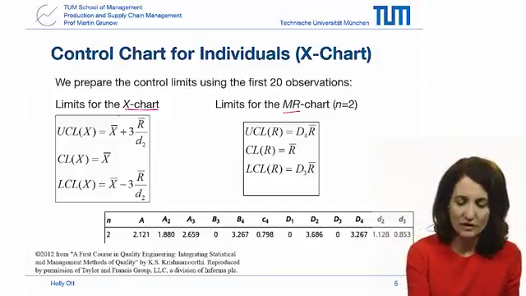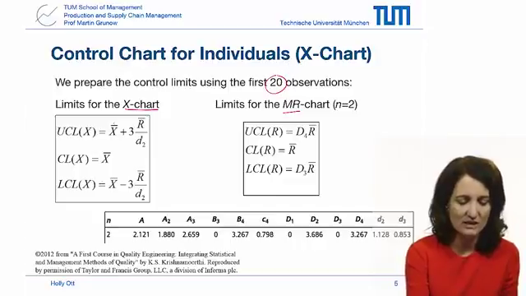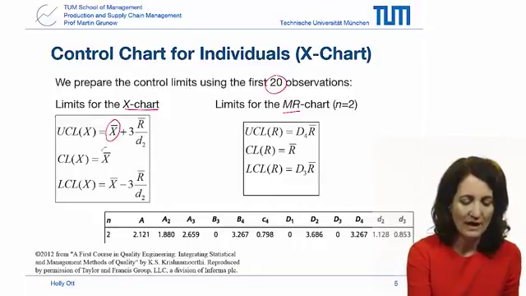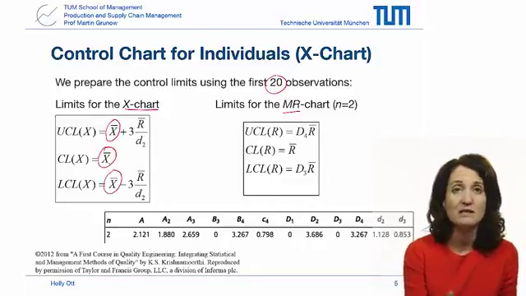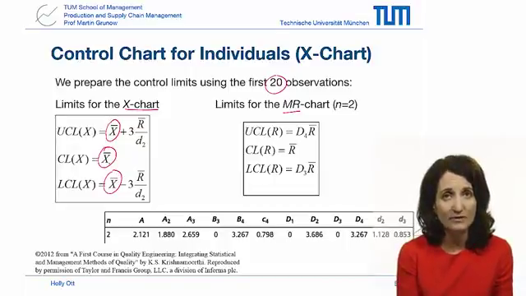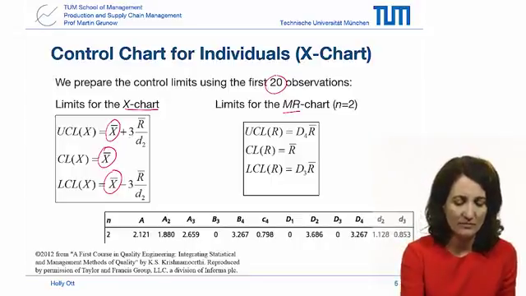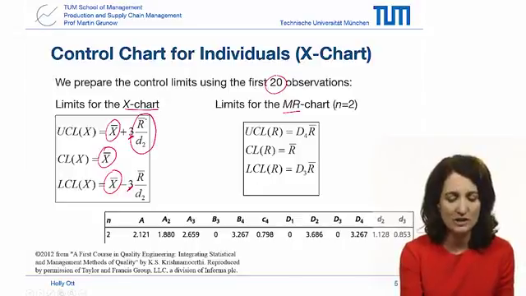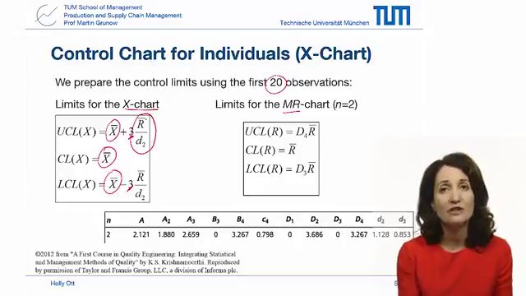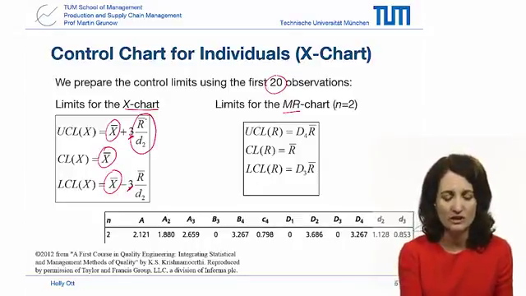For the first 20, 25 observations, you would get an overall X bar. Again, it's not the average of sample averages, it's just X bar, the average for all of these values. And then you have plus or minus 3 sigma levels, where R bar over D2 is the average over all these different moving ranges.